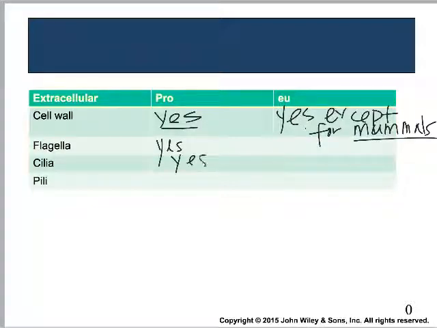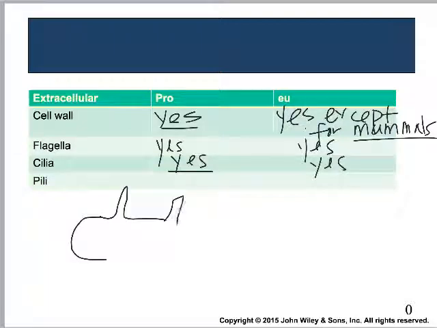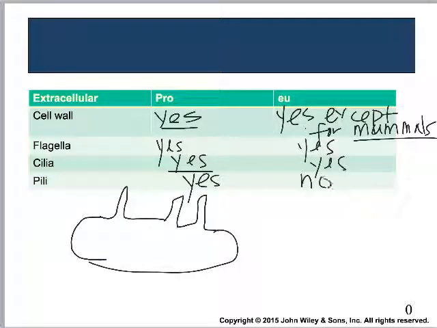Cilia, yes. Bacteria use cilia to move. And then pili. I'll explain it more in a minute, but it's an extension off of the bacteria. I have a whole slide about it. Bacteria have them, but eukaryotes don't.